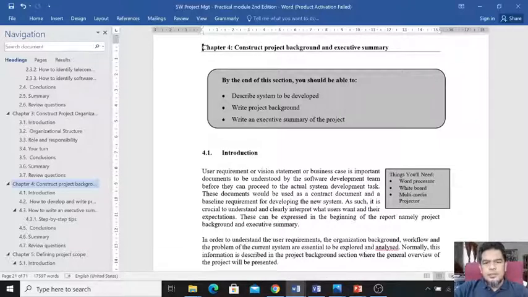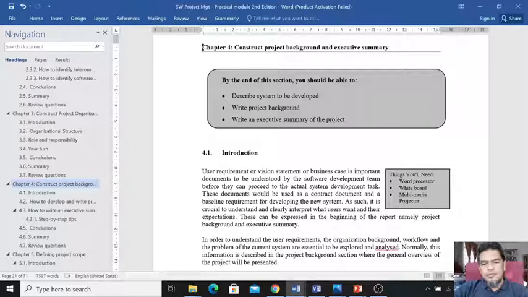This section, which is the beginning of your report, will provide a first view of what you want to develop, and also give the summary of your documents. Normally the background and executive summary fall under the introduction chapter.